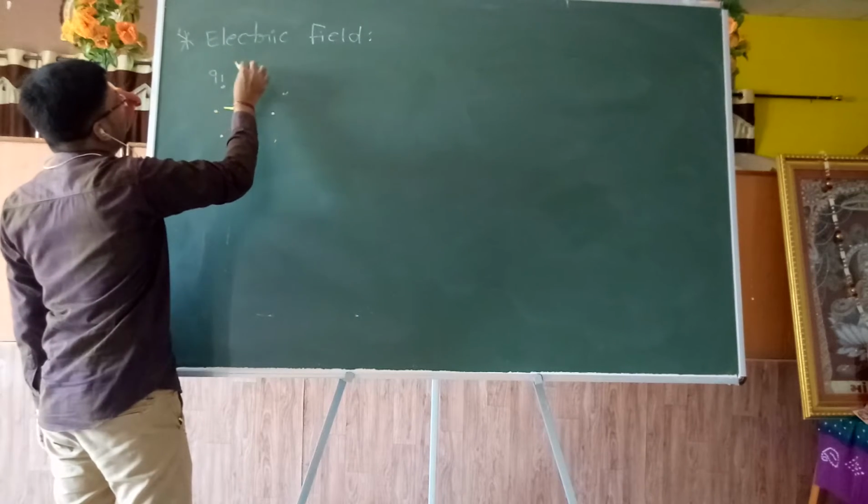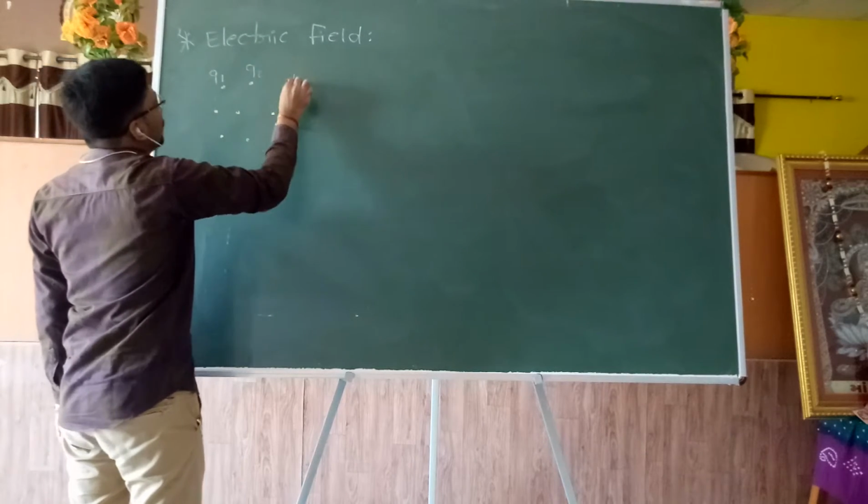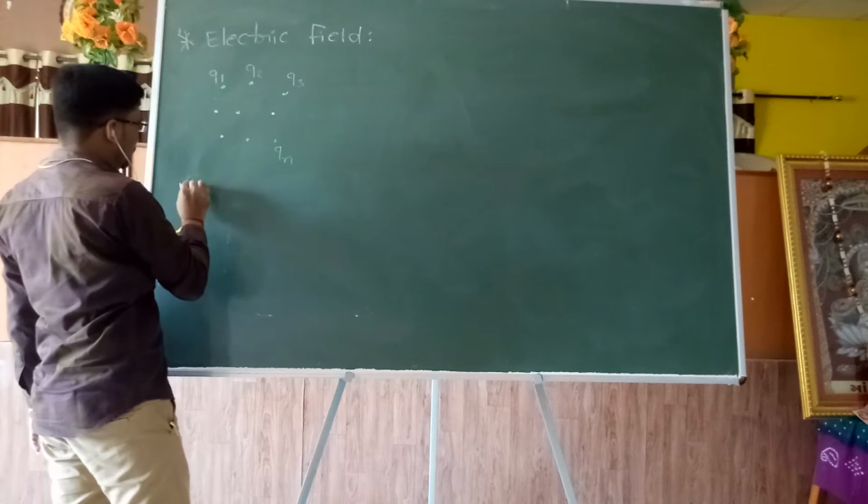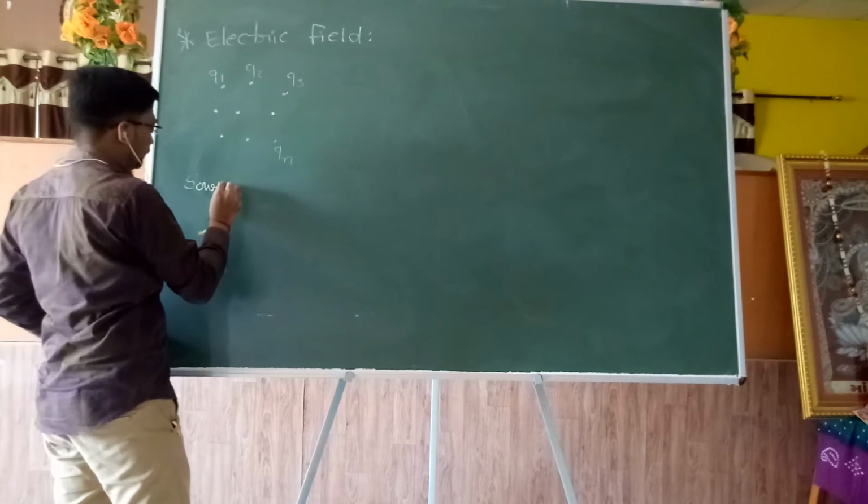that is Q1, Q2, Q3 up to Qn. These are the source charges.